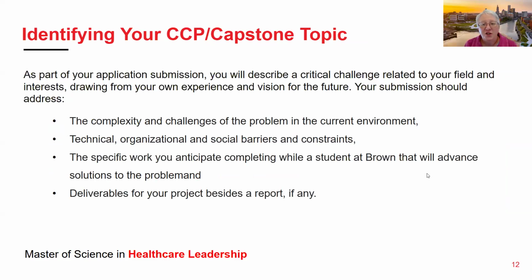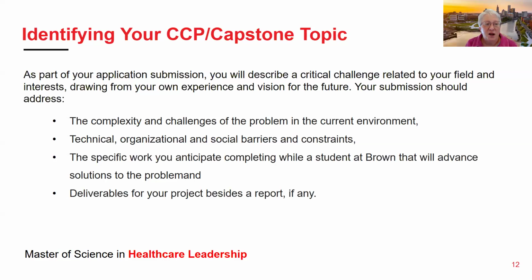So one thing we ask you to do when you apply to the program is to think about what this capstone topic might be and give us your initial thoughts on what that critical challenge is that you would like to work on. So these are the 4 points that we ask you to cover in your application.